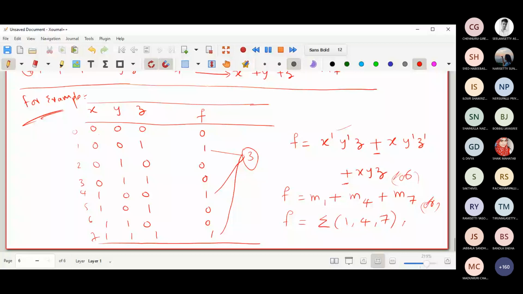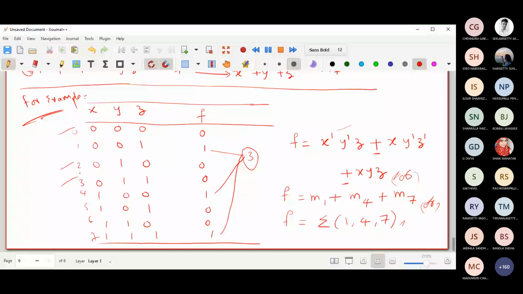Then what are the maxterms? The remaining terms are the maxterms. What are the remaining terms here? We have 0, 2, 3, 5, 6.